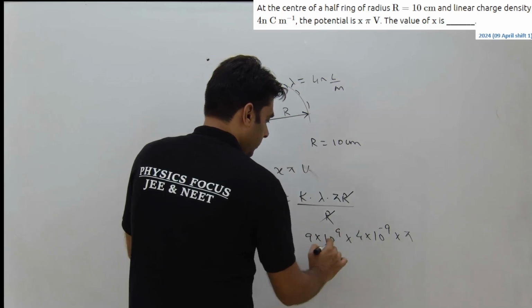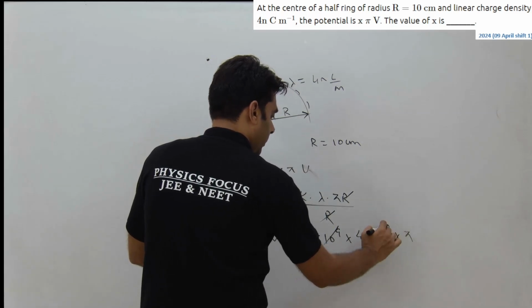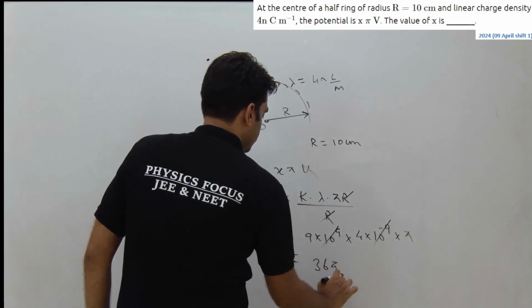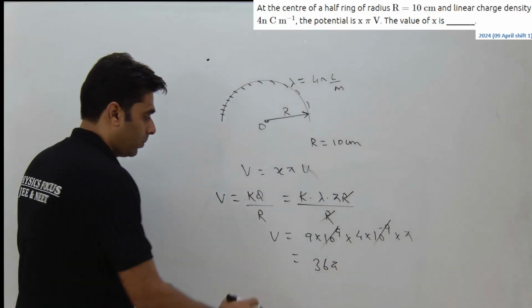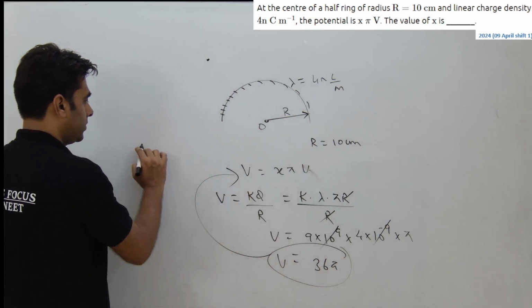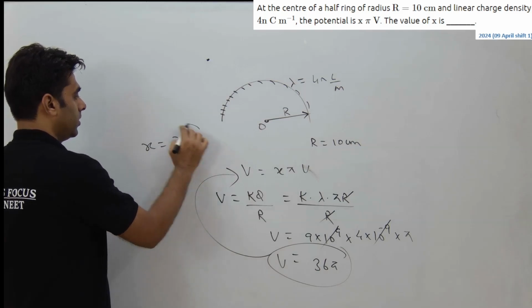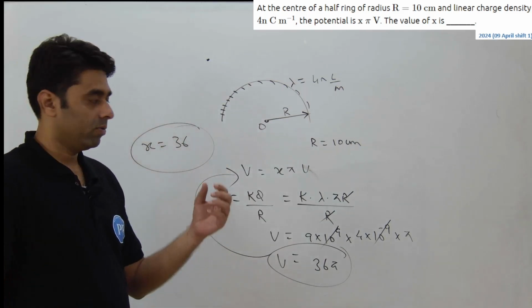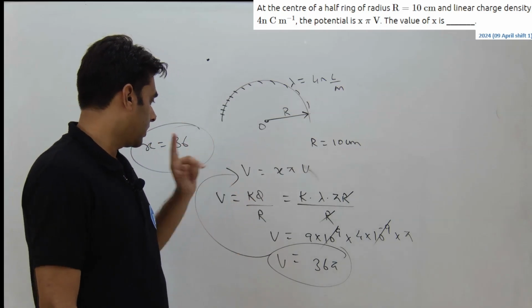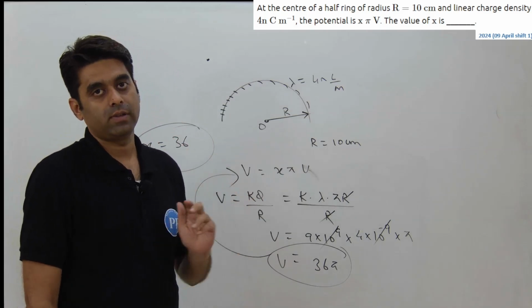If we simplify, 10 power 9 and 10 power minus 9 cancel out. We have 9 into 4 is 36 pi. 36 pi is our potential coming. If we compare it with our value, your x value will come out to be 36. Right? What was given to us? V is equal to x pi. So with that we get your x value as 36. Let's move ahead.